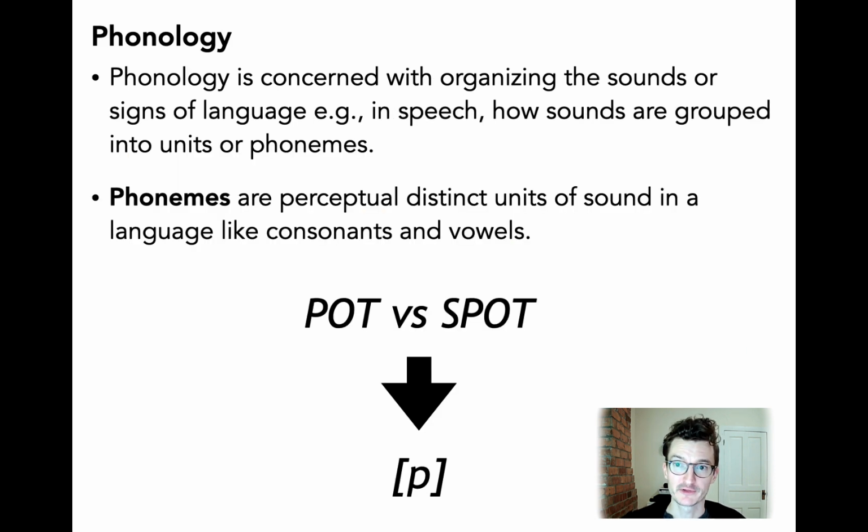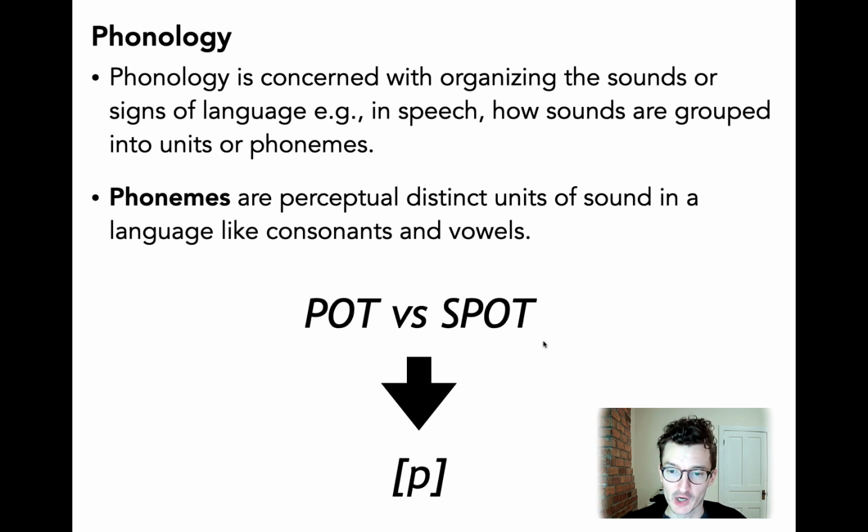Phonology is concerned with organizing the sounds or signs of language. So in speech, we talk about how sounds are grouped together into units called phonemes. Phonemes are perceptually distinct units of sound in a language, like consonants and vowels. That's the easiest way to describe a phoneme, a consonant or a vowel.